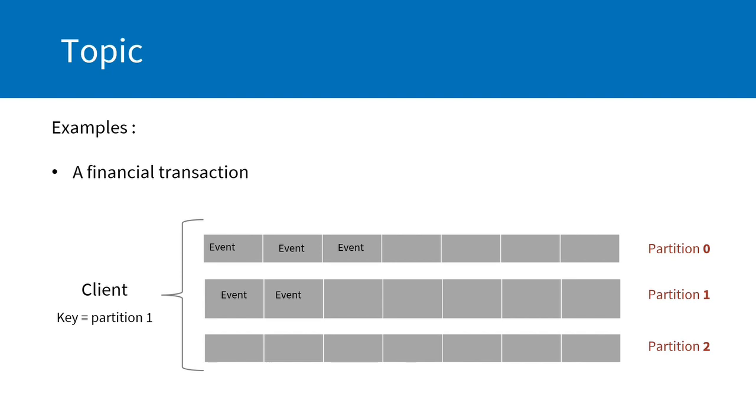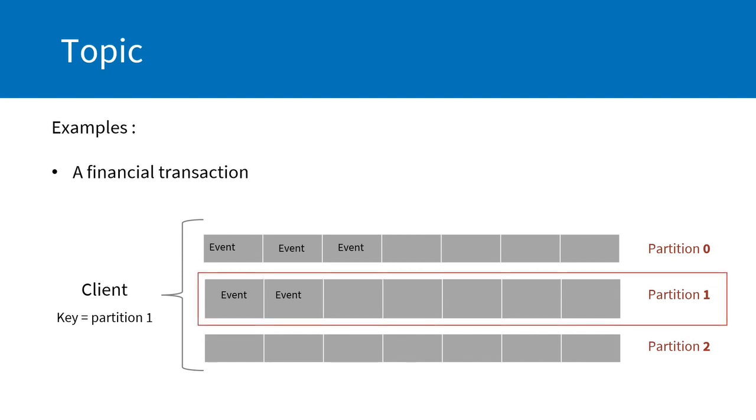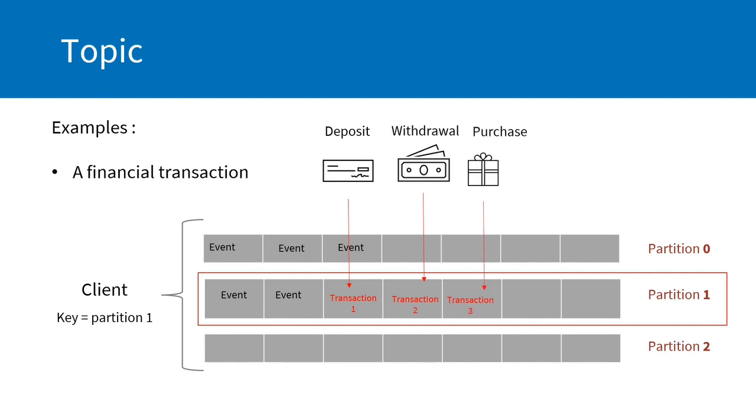An example, if you want to keep track of a client's financial transactions, like they deposited a check first, then they withdrew some cash, then they used their card to purchase something. In this case, the order matters. I need to know the sequence for this client.